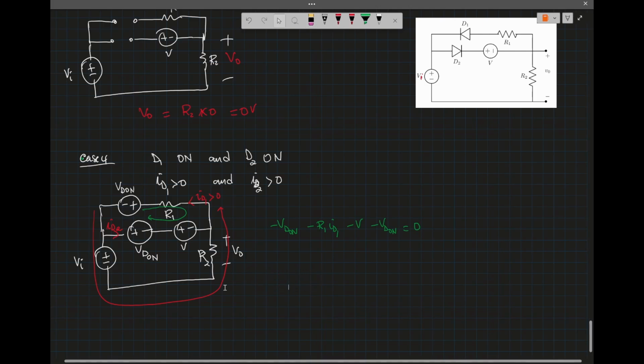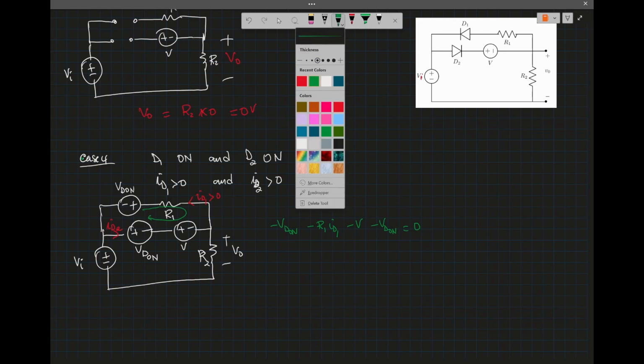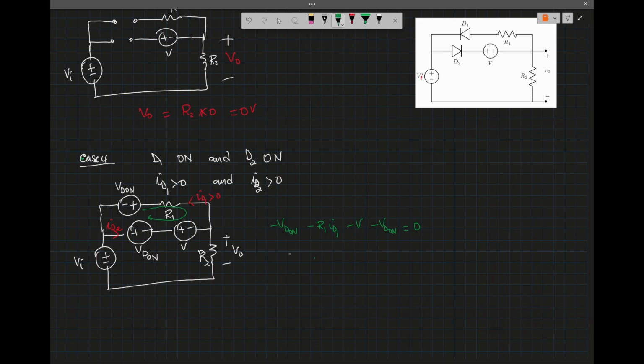Well, I could just stop right there. So let's stick to this equation. Now I can find ID1 from this equation.